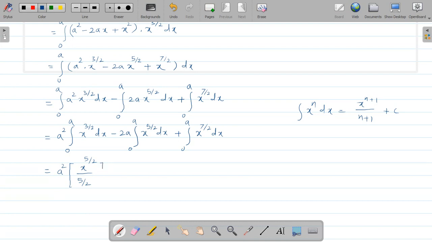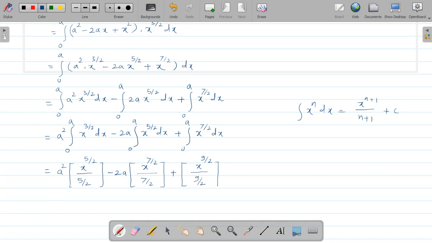Then for the next term, minus 2a as it is, and in the bracket the integration of x^(5/2), by this rule, will be x^(7/2) upon 7/2, plus here in this case it is x^(7/2), its integration will be x^(9/2) upon 9/2.